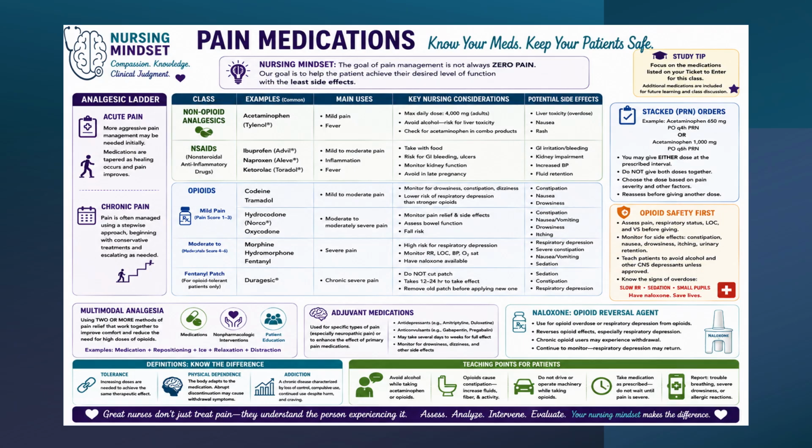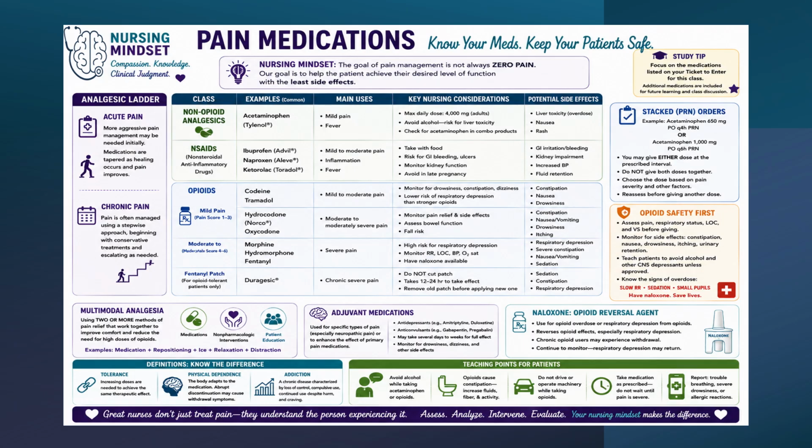NSAIDs, things like ibuprofen, naproxen, ketorolac, are especially helpful when pain is related to inflammation. However, they are not without risk. You still need to monitor for things like gastrointestinal irritation or bleeding, kidney impairment, and fluid retention. And remember that many NSAIDs should be taken with food to help reduce stomach irritation.